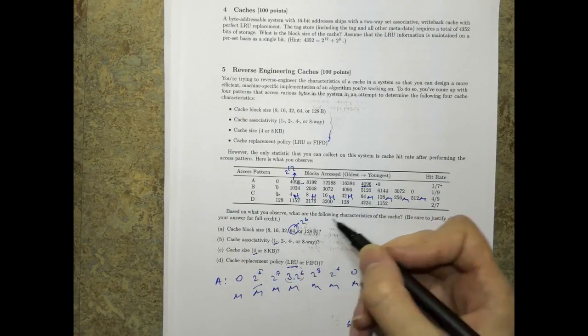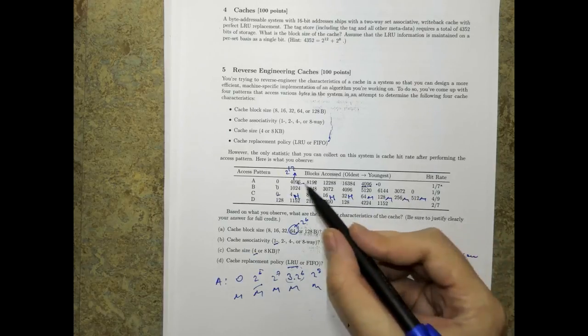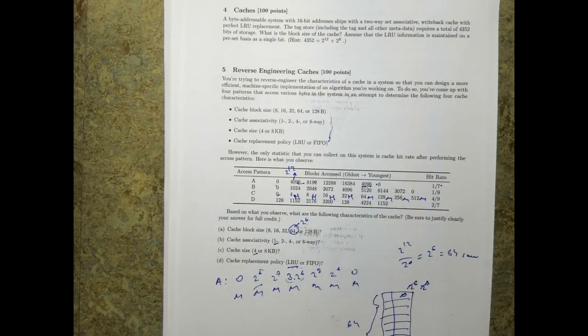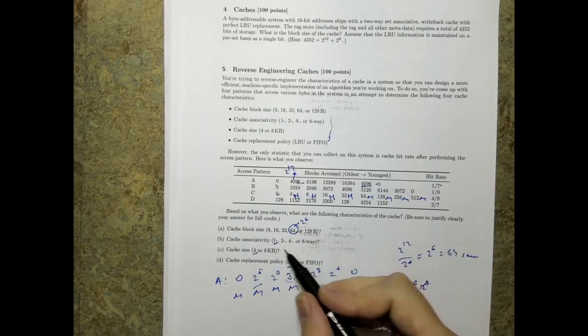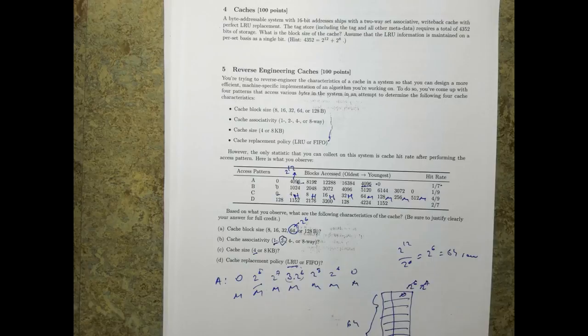So if it's 2, remember that those addresses all go to the same row here when we have 4 kilobytes cache size and associativity 1. When we have two-way associativity, then we'll have half the number of rows. And then again, all those addresses will go to the same row, right? Because if mod 64 of a number is 0, mod 32 of a number will also be 0, right?